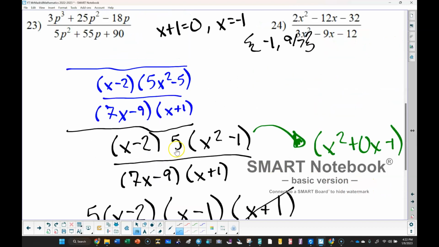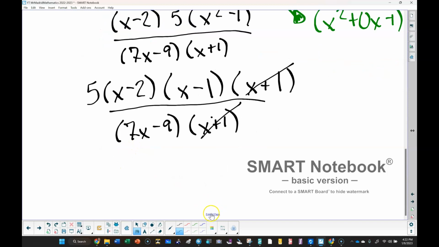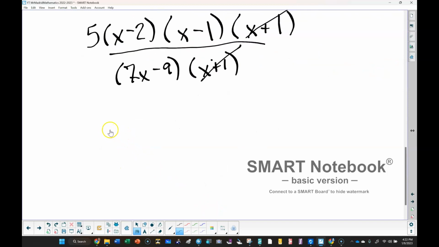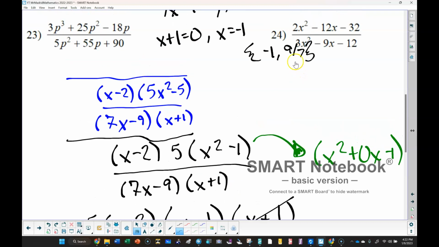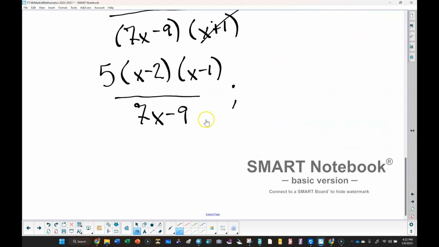So let me get the excluded values, which were negative 1 and 9/7. And as our final answer, this here is simplified, and the excluded values are negative 1 and 9/7.